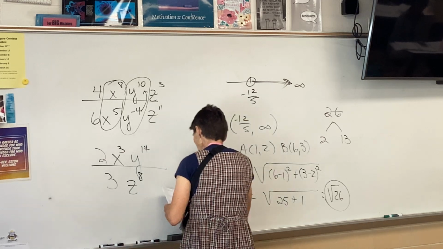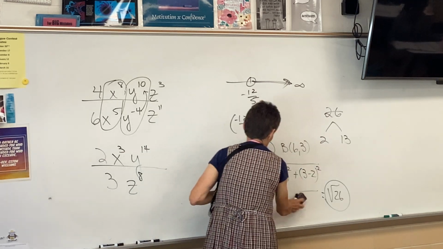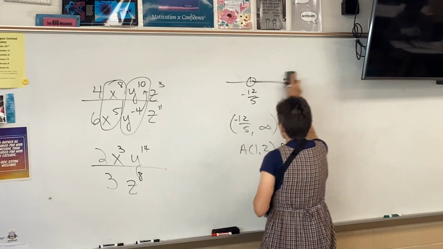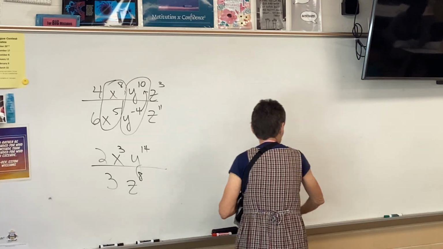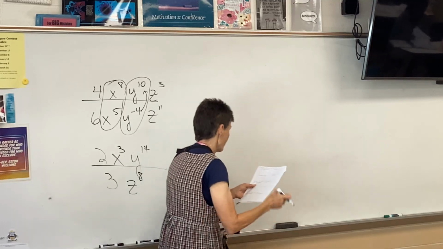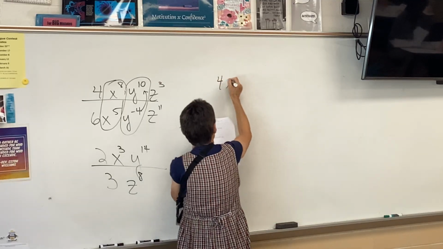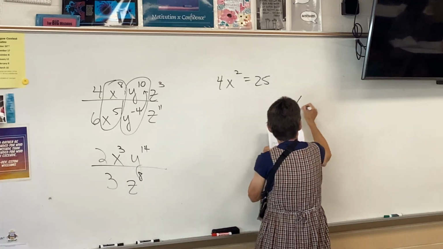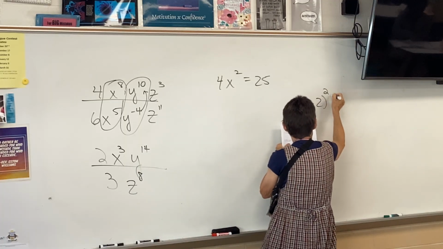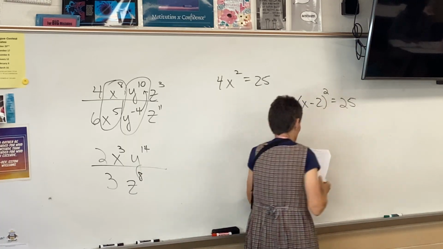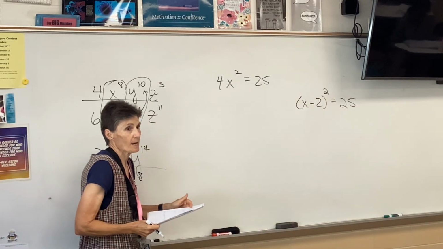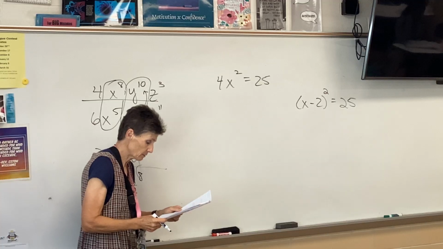All right, so I want you to get your notes out. We're going to skip down, we're on P5, and look at number 2. Number 1 is graphing with the calculator. We'll do that next time, since we don't all have a calculator.